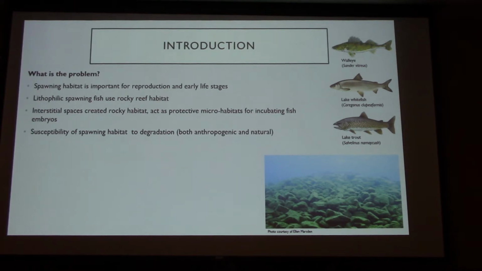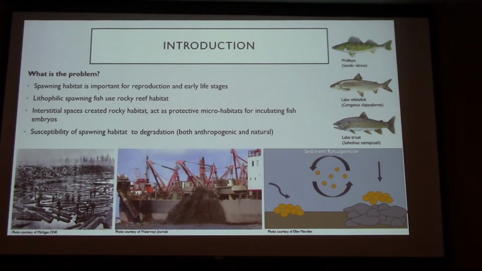Unfortunately though, these types of spawning habitats are susceptible to both anthropogenic and some natural causes of degradation. So if you listened to Brian Lantry this morning, he was talking about some land use changes, some deforestation in the Great Lakes. So that's a great example of changes in how water flows through the terrestrial environment into the aquatic environment, and we can get some sedimentation within those interstitial spaces.